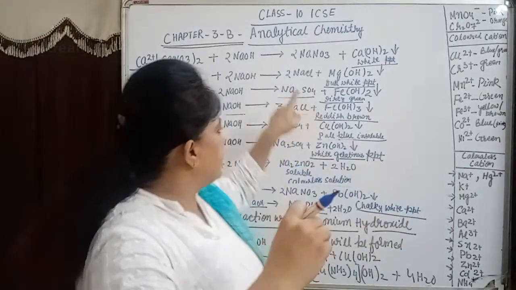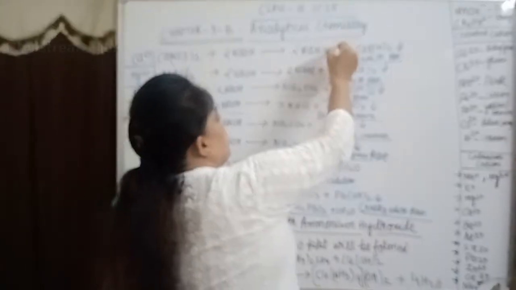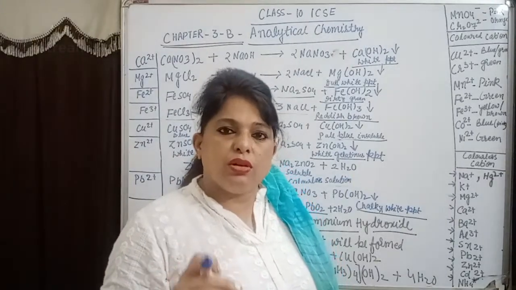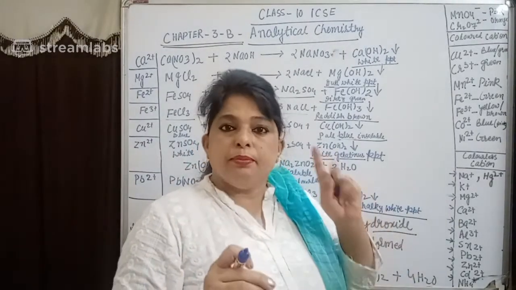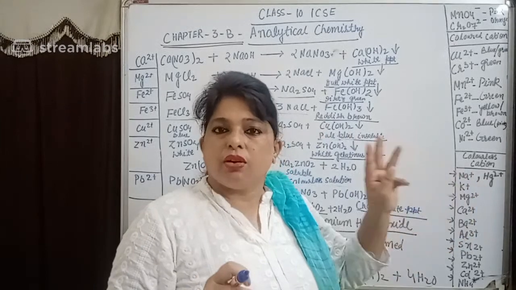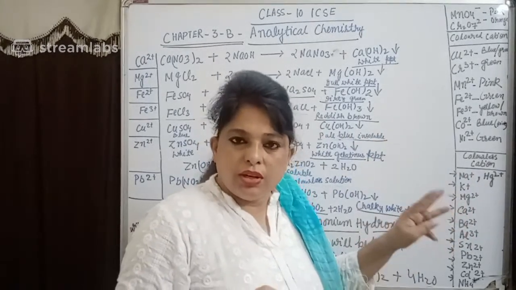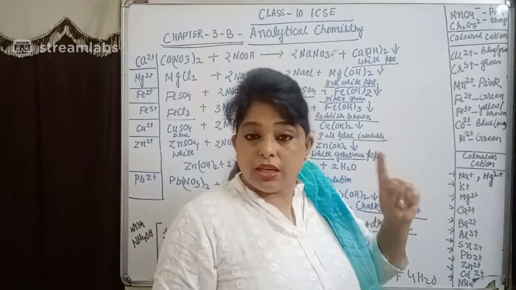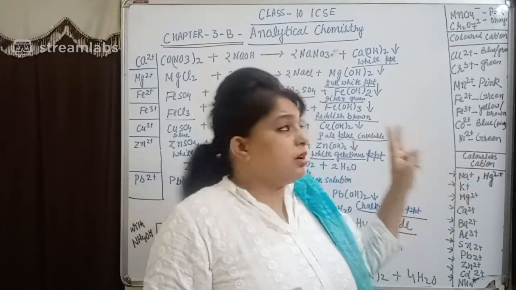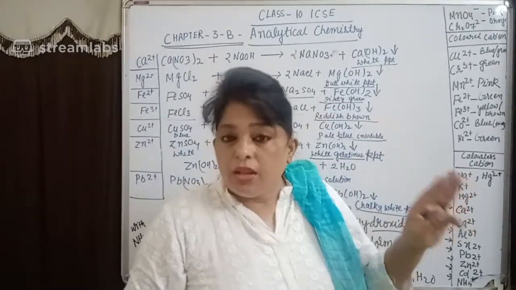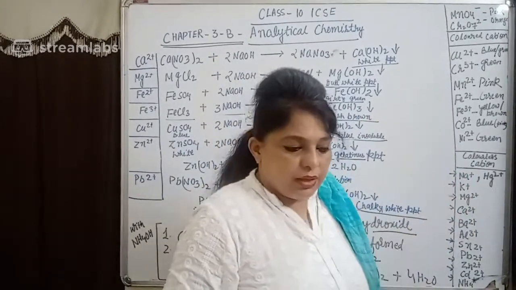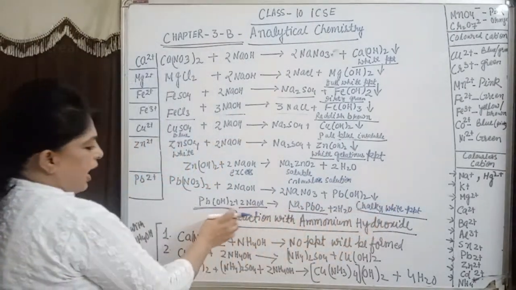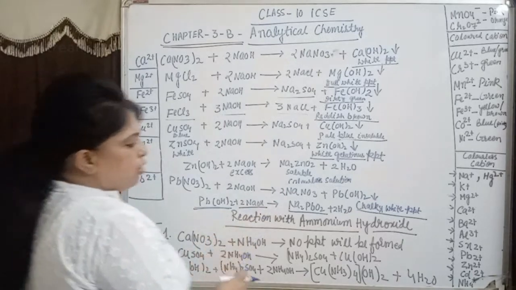You will never write the downward arrow here, because sodium, potassium and ammonium salts are always soluble salts, right? The rest of the metals form insoluble salts, but potassium, sodium or ammonium salts are always soluble, right?